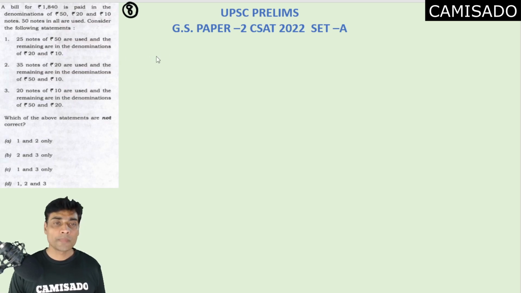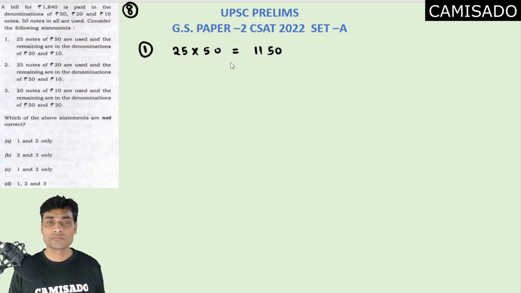Now, as we all know, we have 50 notes, 20 notes and 10 notes, and the total number of notes is 50. So in condition number 1, 25 notes of 50 rupees. So calculate, you will get the money as 25 notes of 50, it amounts to 1250.